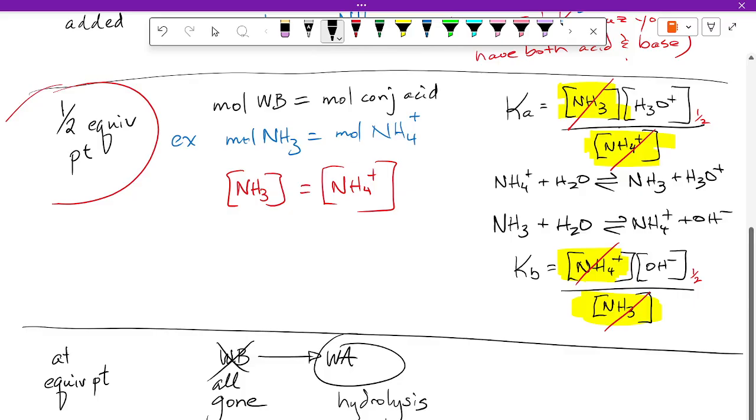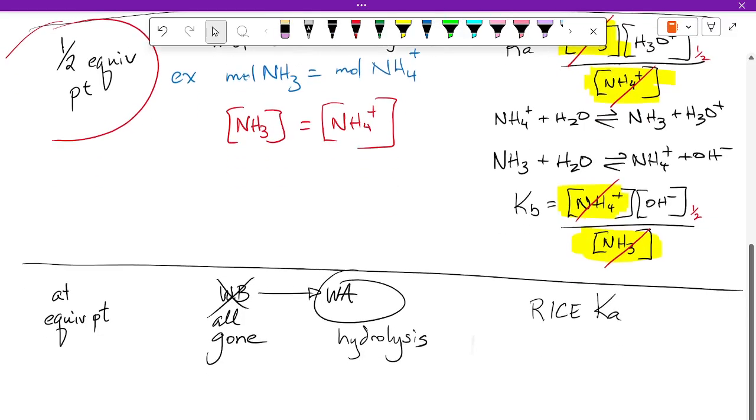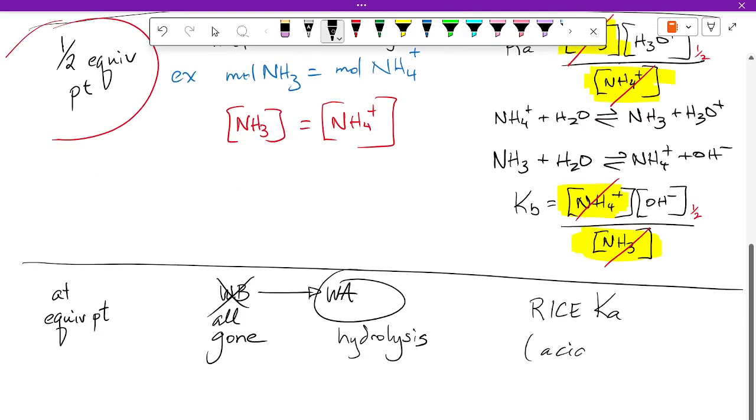So you'll use RICE and Ka. And it's going to be acidic because all we have left is a weak acid. Strong acid plus a weak base gives weak acid. This is all gone.